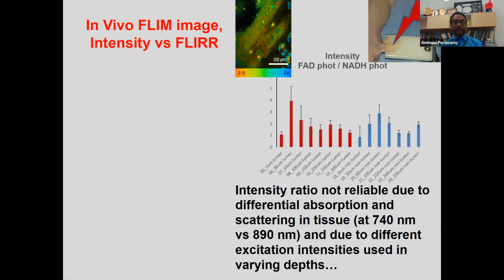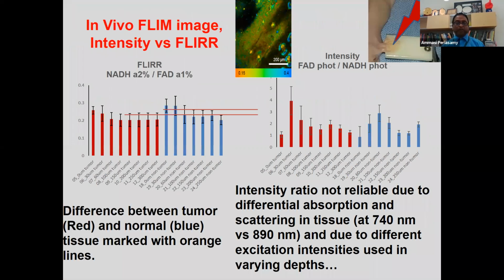So here is an example from live animal work. You can see tumor versus cancer, and it is all over the place. It is supposed to give you uniform distributions in our testing. It may be due to intensity, light scattering in the tissue, and all kinds of differential absorption of light in the tissue.